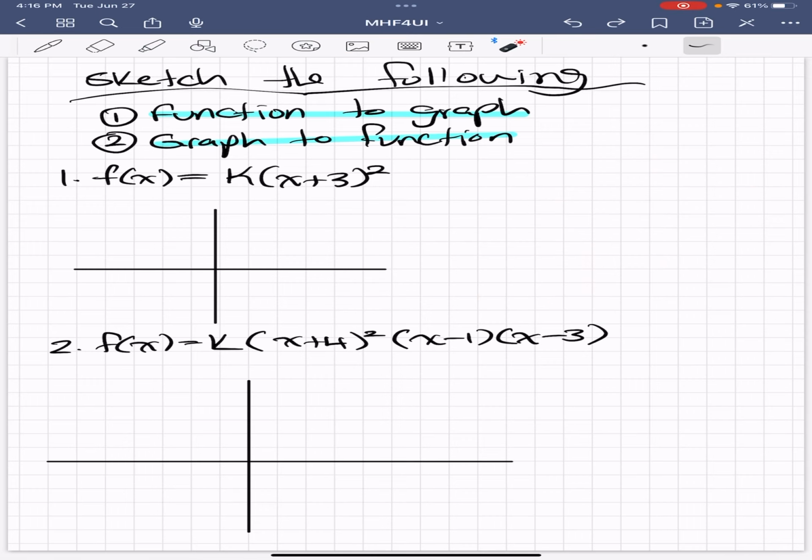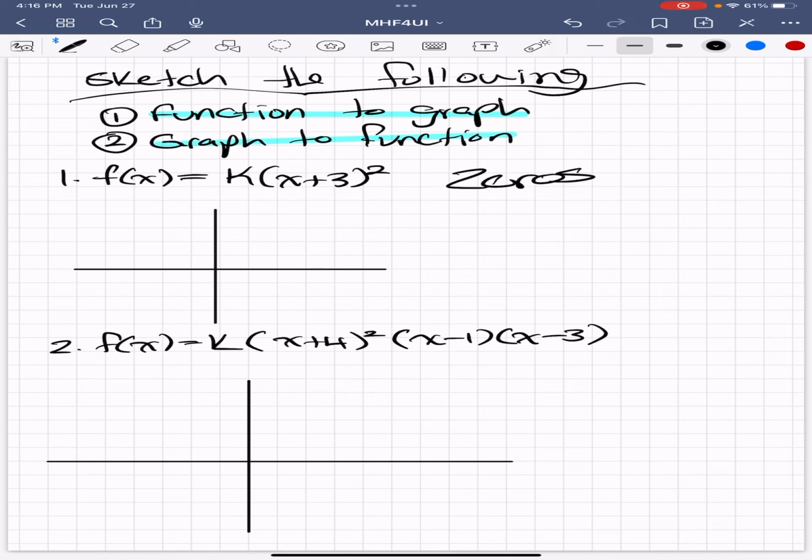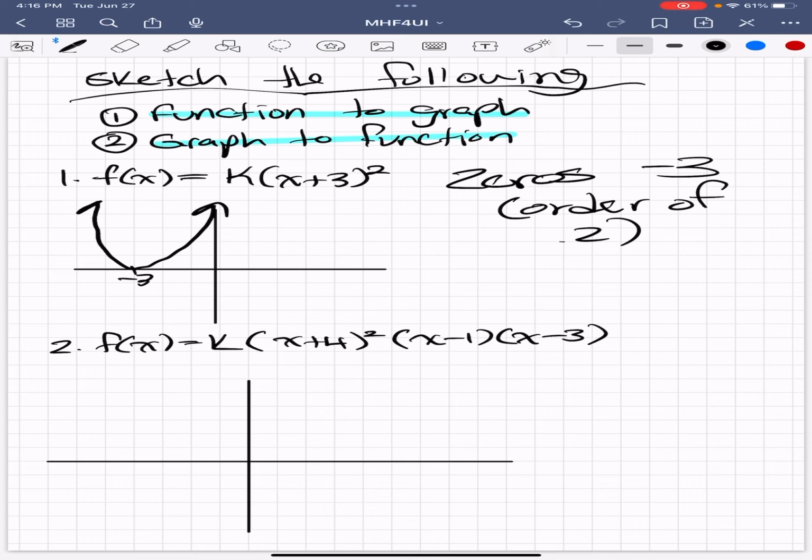In fact, it is a quadratic function, and we don't have k, but there's k at each beginning. We're just going to practice. So -3, it'll look like this. That's what it would look like.